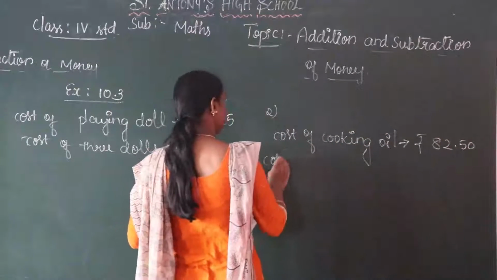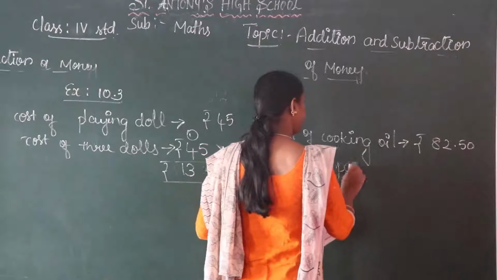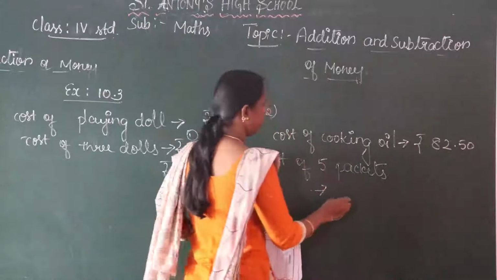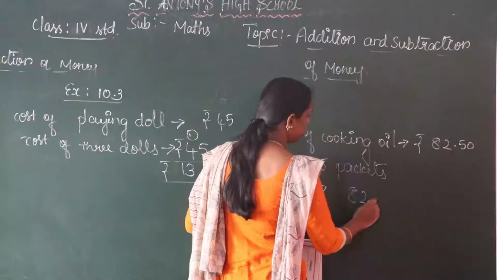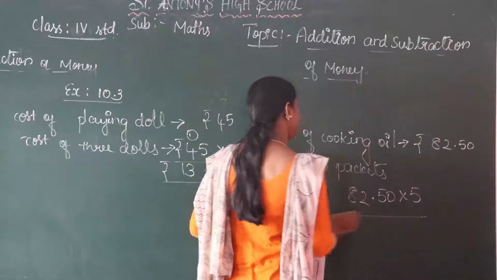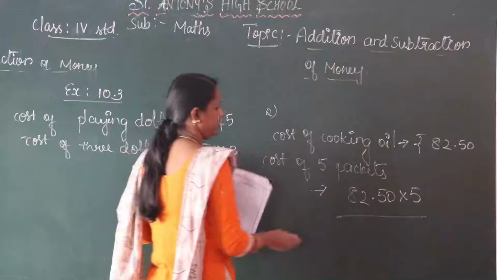Cost of 5 such packets is equal to what? 82 rupees 50 paisa into 5.